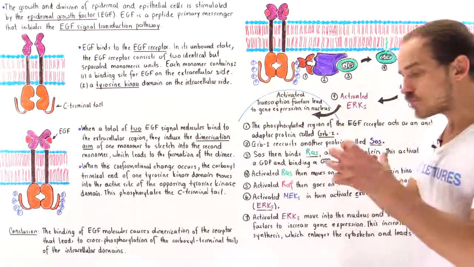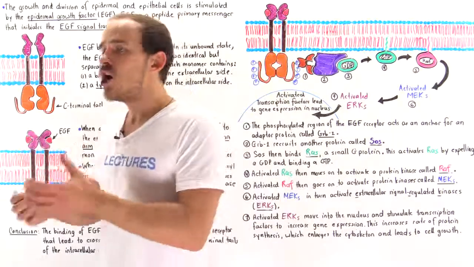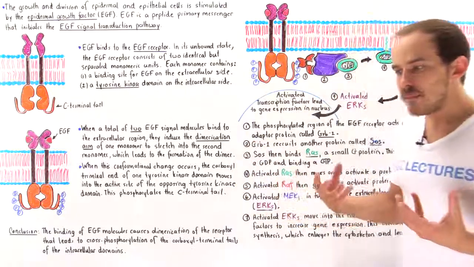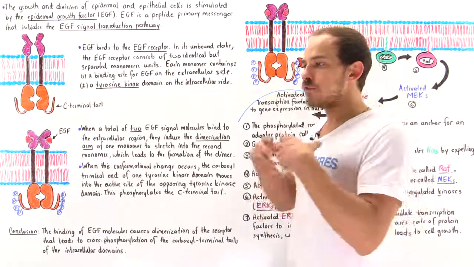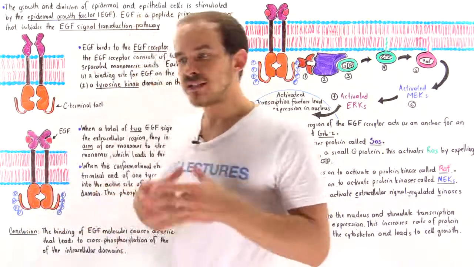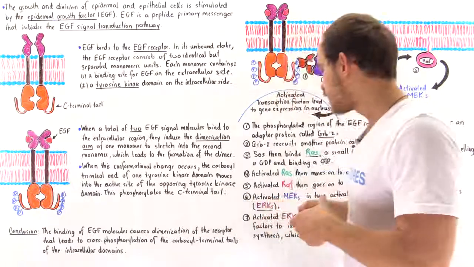Because remember, for the cell to actually grow and increase in size and ultimately divide, we have to basically build proteins, because the organelles and all the different components inside our cells are essentially formed from proteins. In fact, the entire cytoskeleton is formed from proteins.